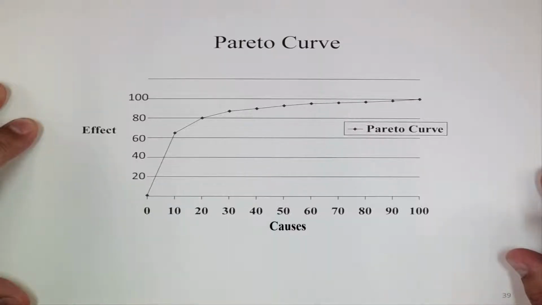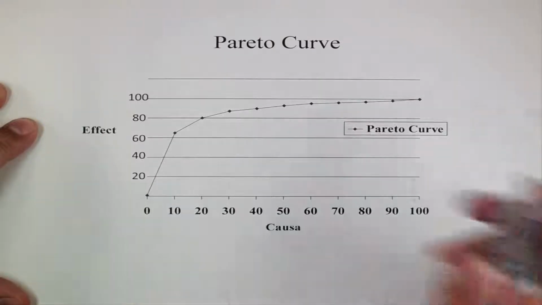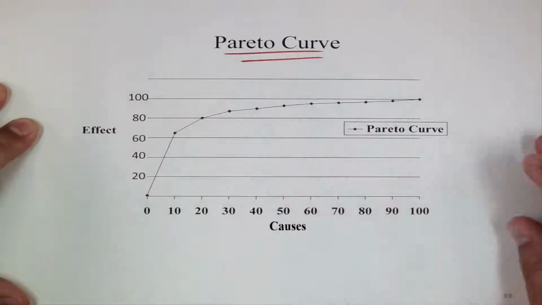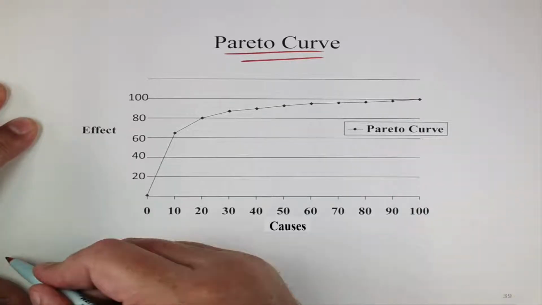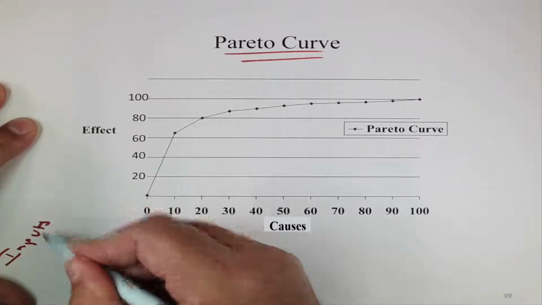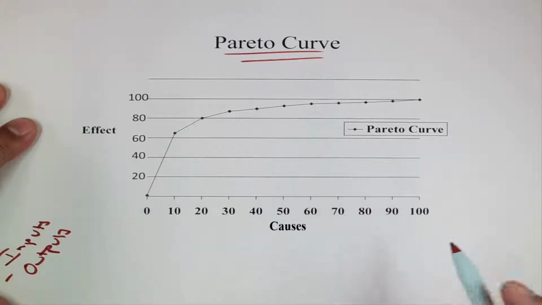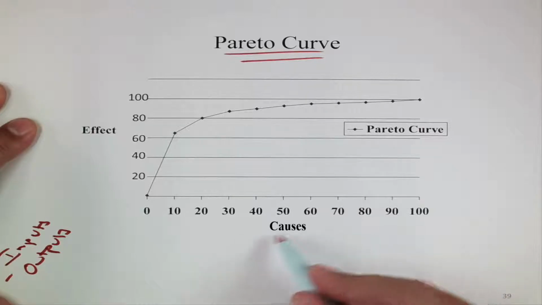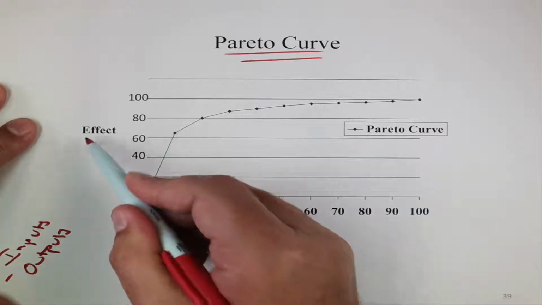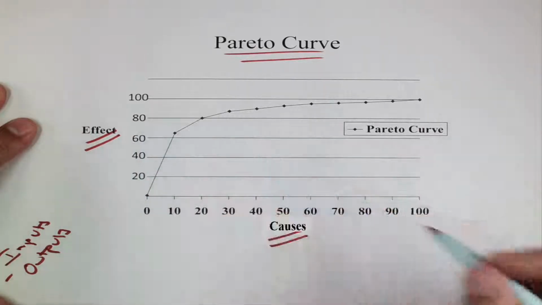One of the things we like about the Pareto analysis, or the Pareto curve, that relates closely in concept to supply chain management, is this idea of inputs creating outputs, or causes, inputs, that create effects, outputs.